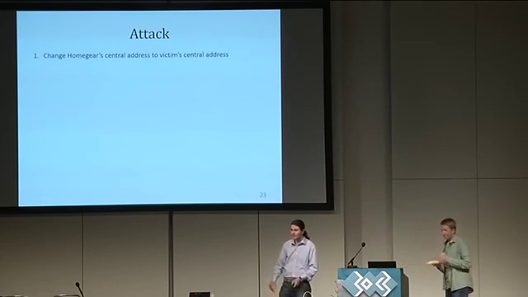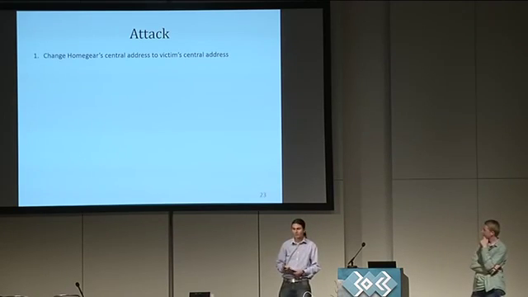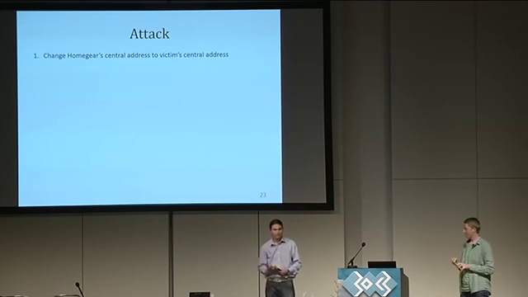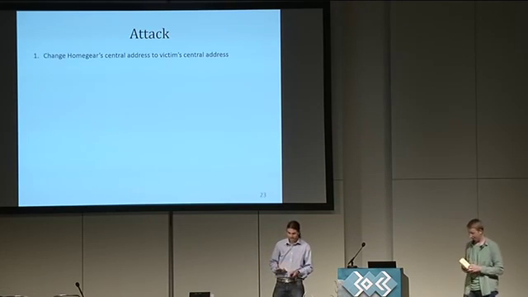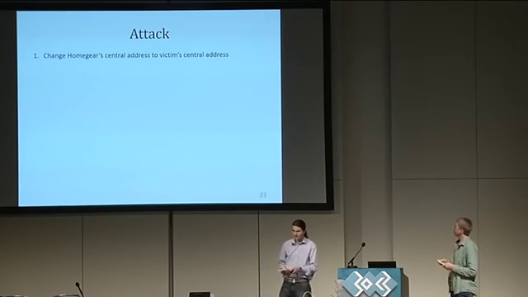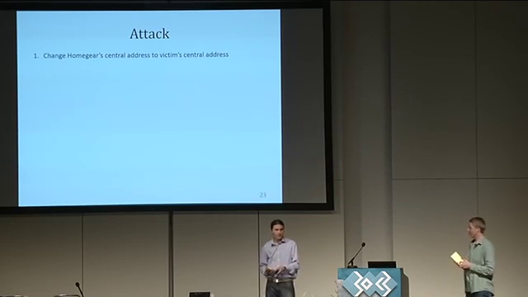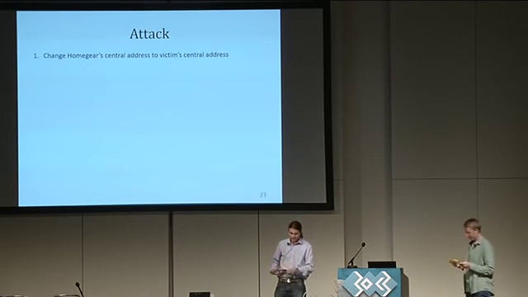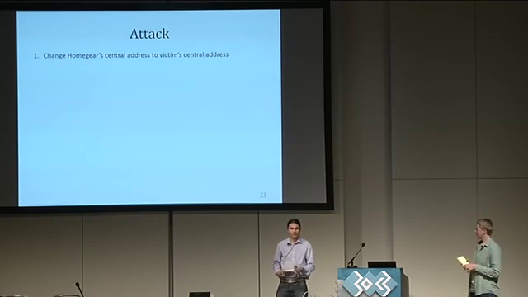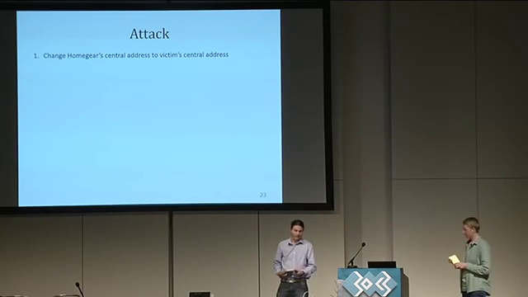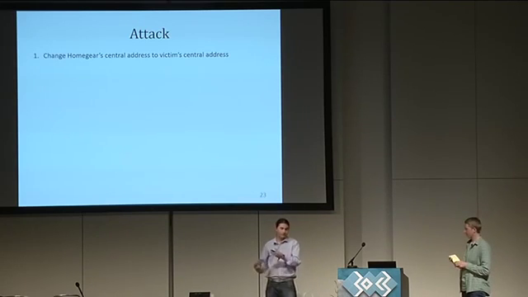Okay, the first step is we need two pieces of information. The first is the address of the thermal control device, and the second is the address of the victim's central. And in the attack, we have to change HomeGear's central address to the victim's central address, because otherwise the victim's thermal control device, which is paired to the victim's central, would not accept packets from our HomeGear device because it has the wrong address.